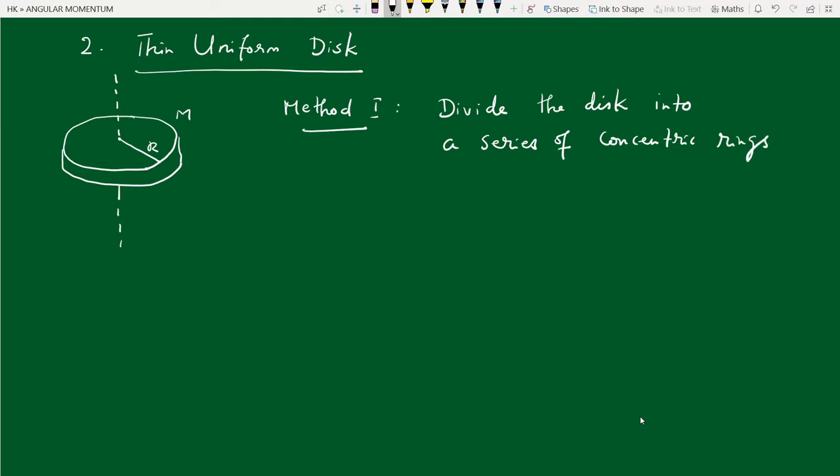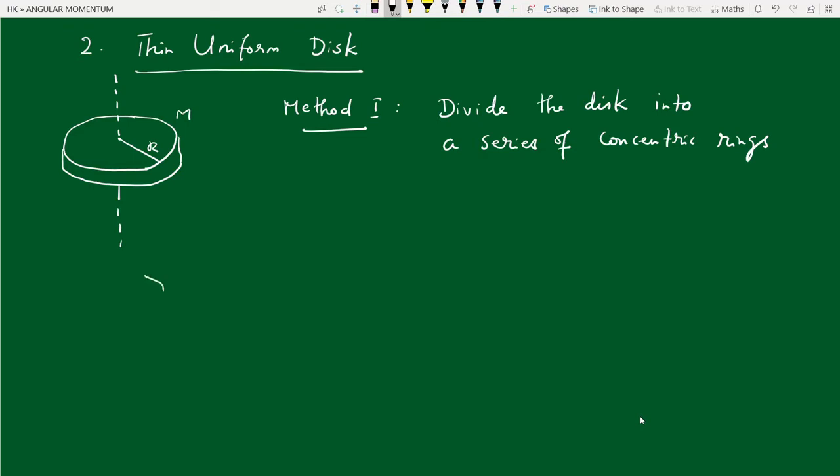This is the technique. Already we have obtained the expression for the moment of inertia of a ring about the perpendicular axis passing through its center. So we will use that result to obtain the moment of inertia of the disk. So we assume that a disk is composed of a series of concentric rings.